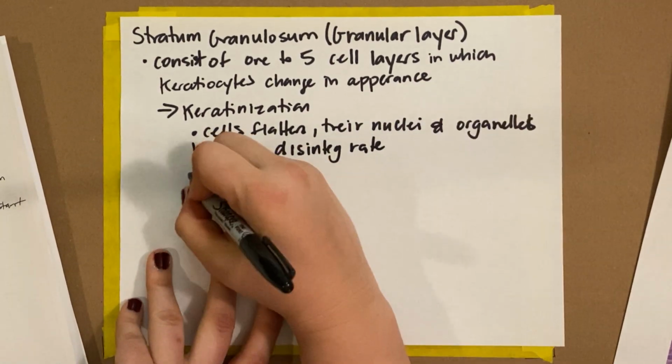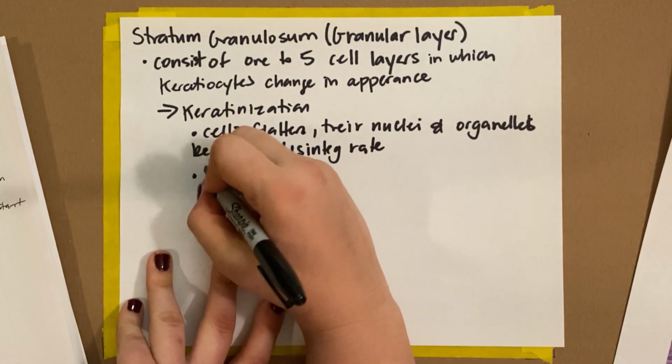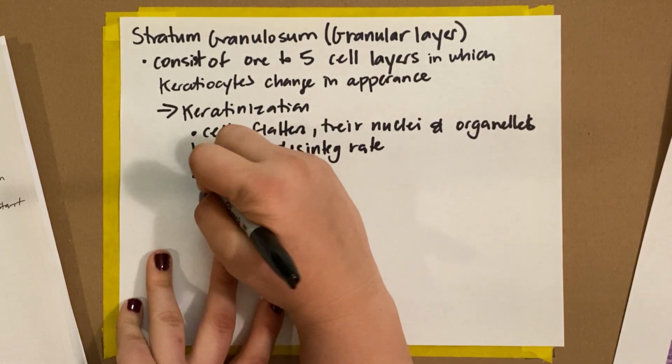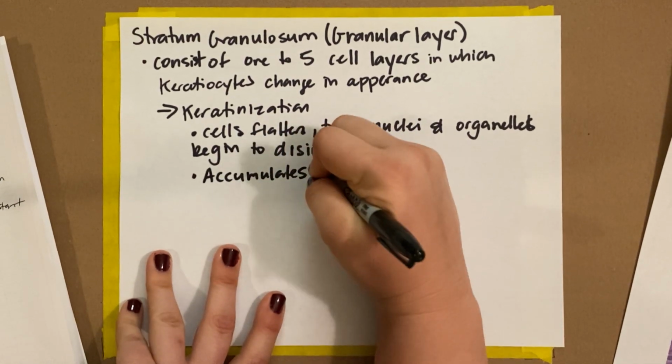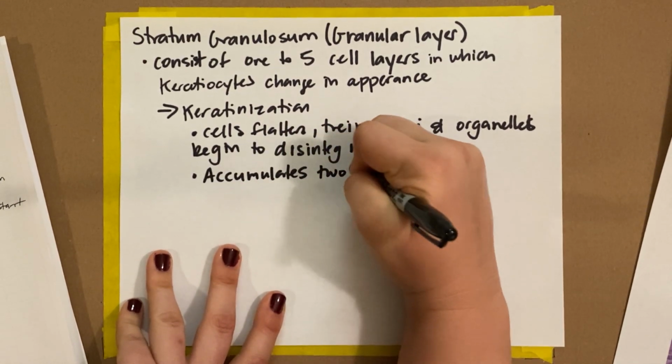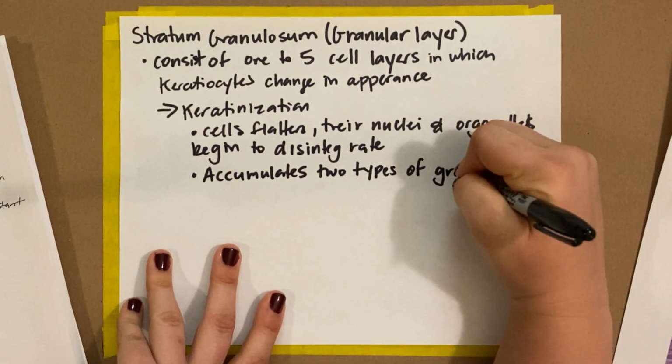Okay, and they start to accumulate two types of granules, which is why they're called the granule layer. Okay, so accumulates two types of granules.